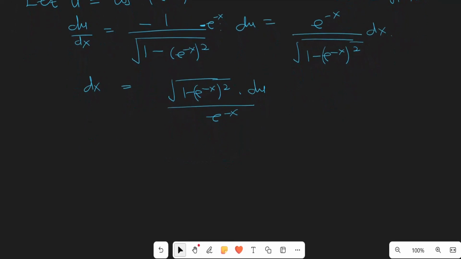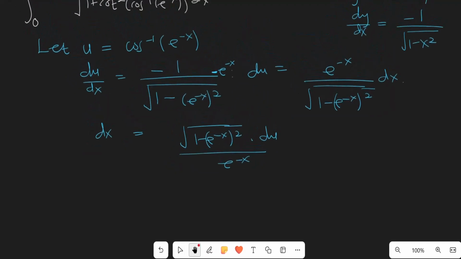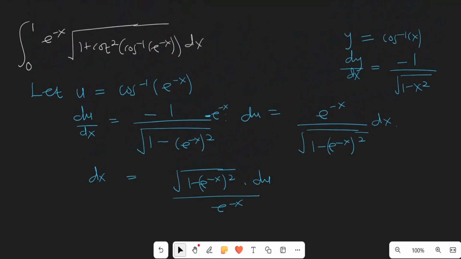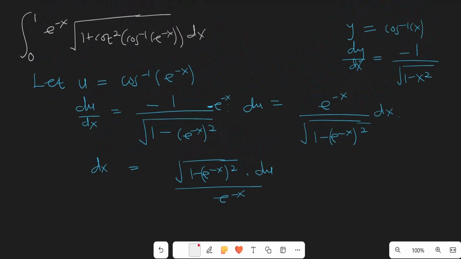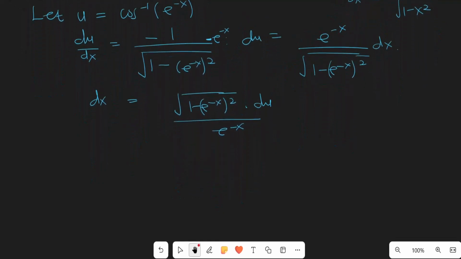We have to find an expression for e to the x, but first let's do the change in limits. The limit for x runs from 0 to 1.